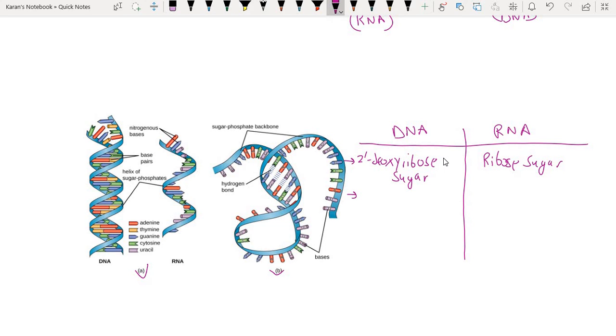Then the second difference can be location. DNA is found inside the nucleus as well as mitochondria inside the cell. Now RNA is found in the cytoplasm. It can also be found inside the nucleus and ribosome also.